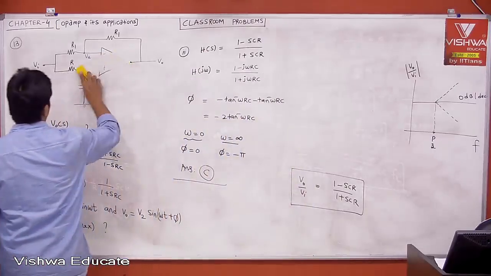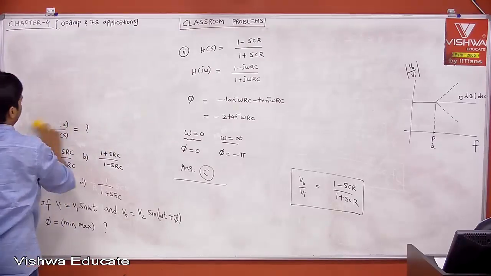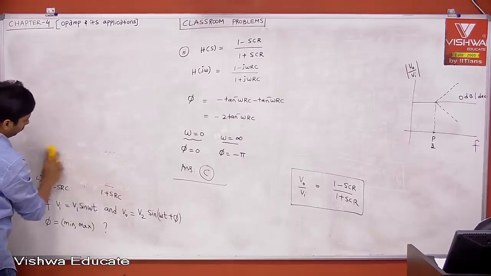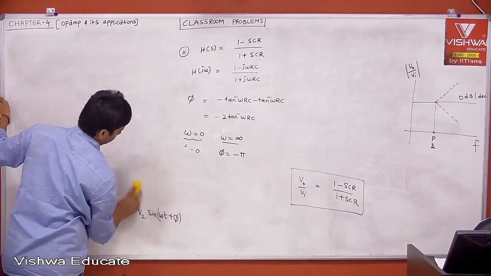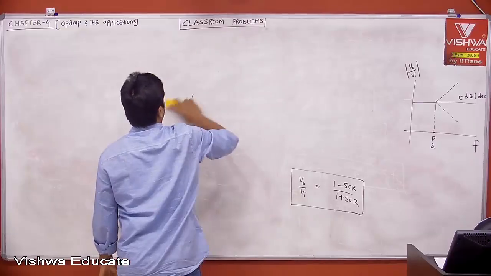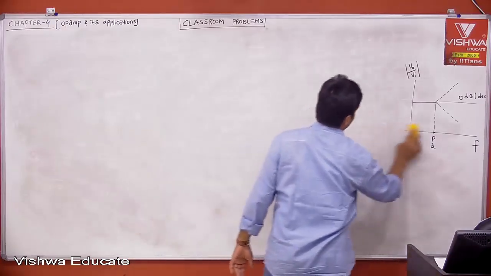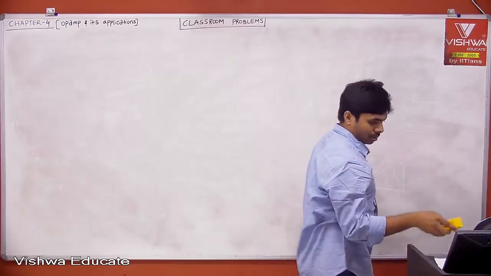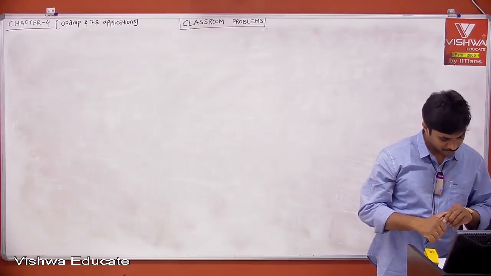Done? What is that? The op-amp circuit shown in the figure represents dash.